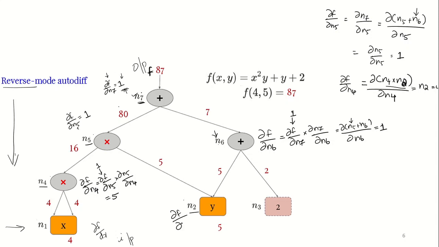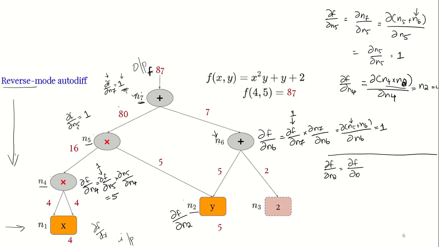∂f/∂n2. Okay, ∂f/∂n2, or n2 is actually y, so we can replace it with y also. And what is ∂f/∂n2? It has two parents, n2 and n6. So we have to find it like this. ∂f/∂n2 is equal to, it will have two terms.